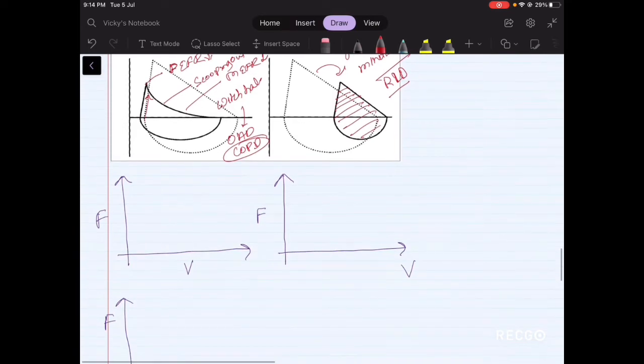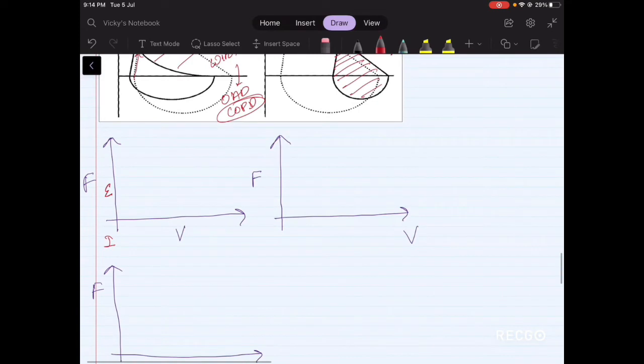Now coming to the upper respiratory tract. So we already know that above is expiration and below is inspiration, right? Then there are types of obstruction. First is variable obstruction, and other is fixed obstruction.